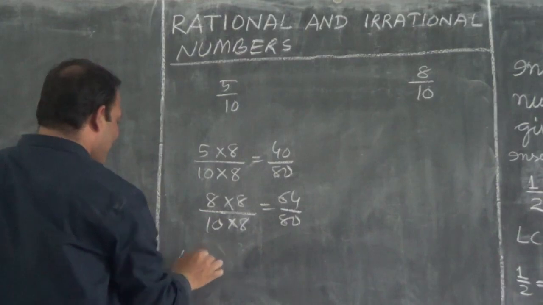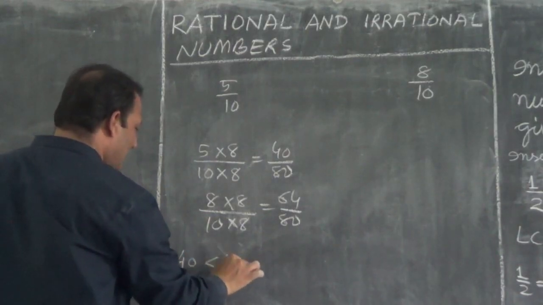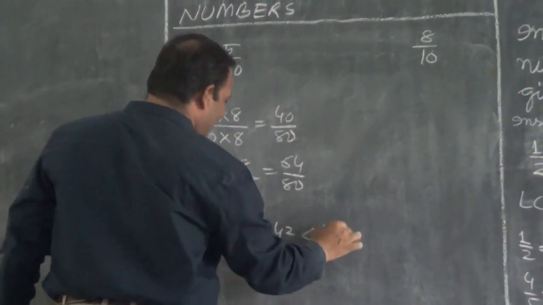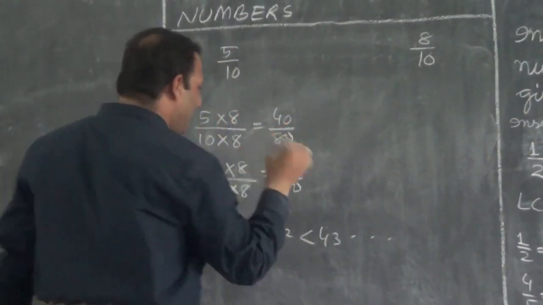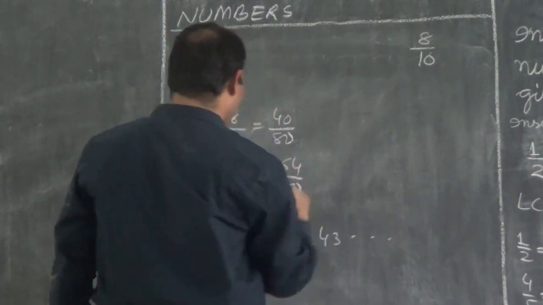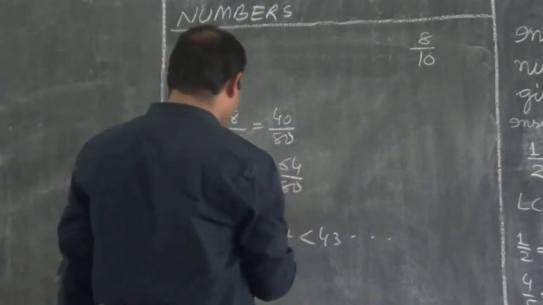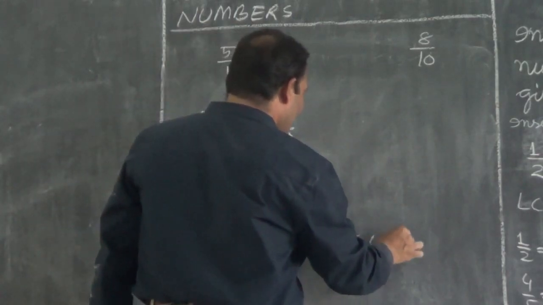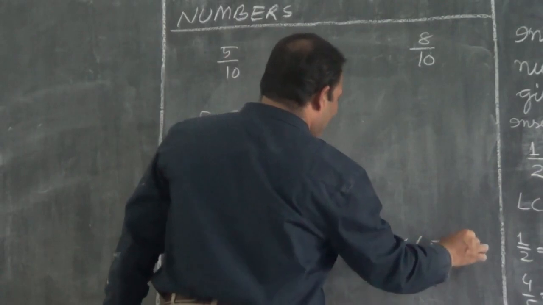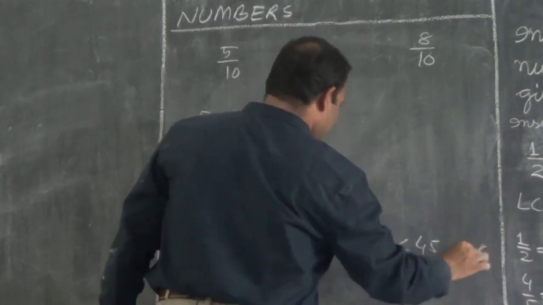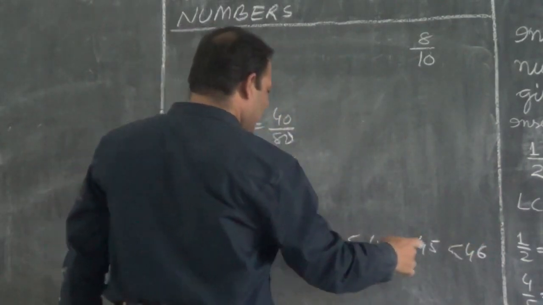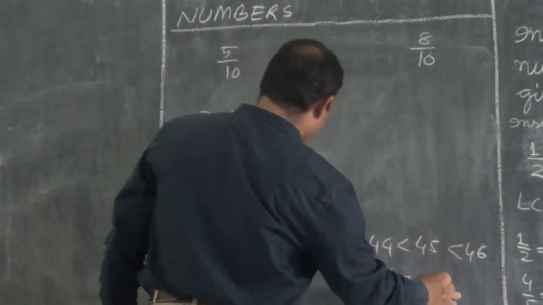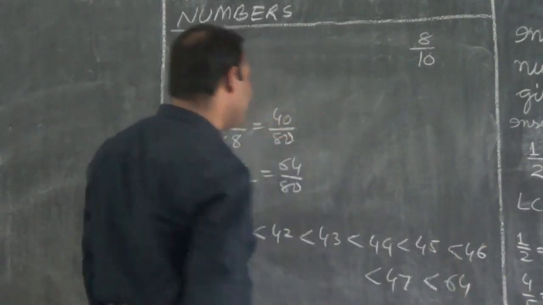40, then less than 41, less than 42, less than 43, and it will go on till the last one, but don't write everything continuously. 41, 42, 43, 44, 45, 46, 47, and less than 64.